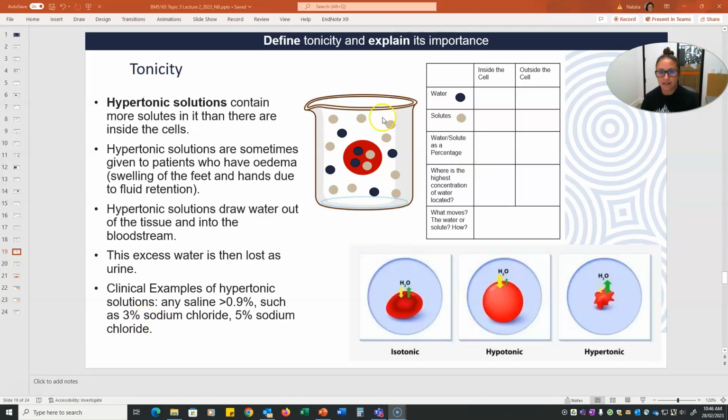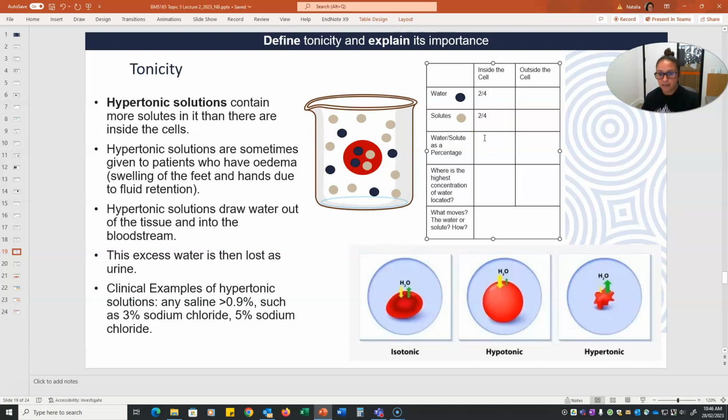So let's have a look at our beaker here. Let's have a look at the number of water molecules inside our cells. We can see that inside the red blood cell, there are 4 molecules. 2 out of the 4 molecules are water, because they're the blue ones, and 2 out of the 4 molecules in our cells are solutes.